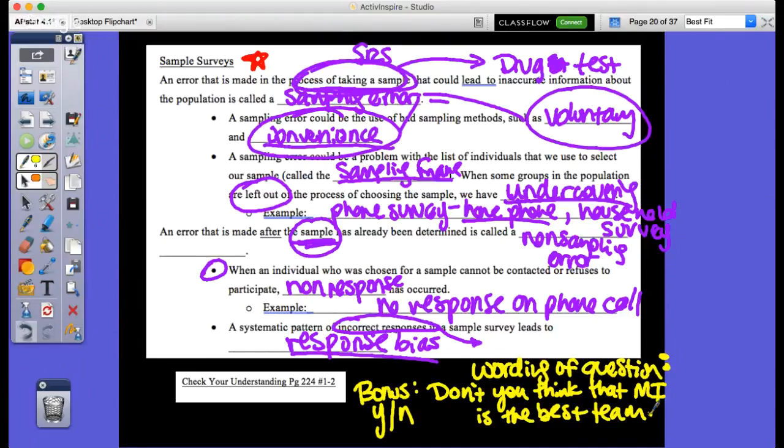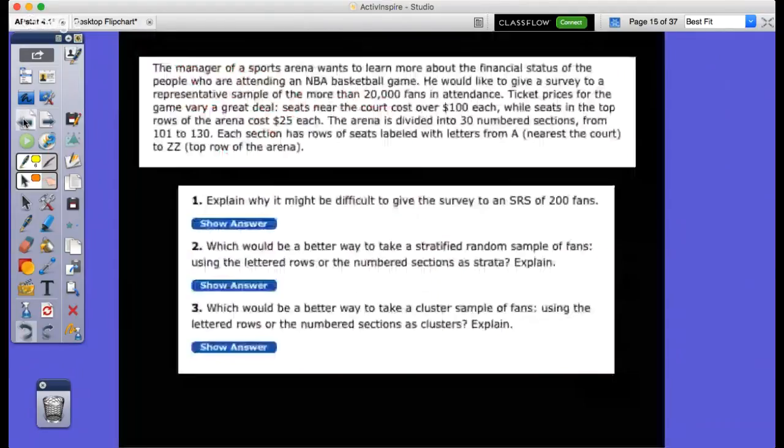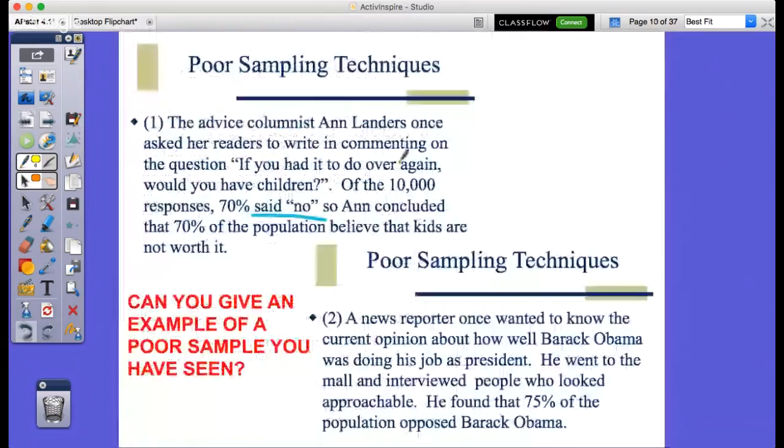A good example of this is, let's say we have a question on, actually, I think there's one on here. Let's see, I think this is an example. I'm going to go back here as we wrap this up. Remember this one? We said, if you had to do it over again, would you have children? The fact that you say, if you had to do it over again, right?